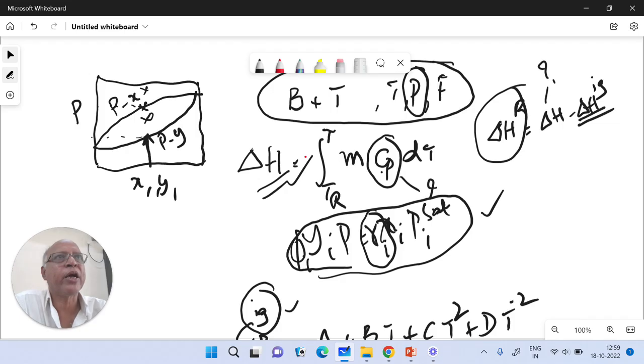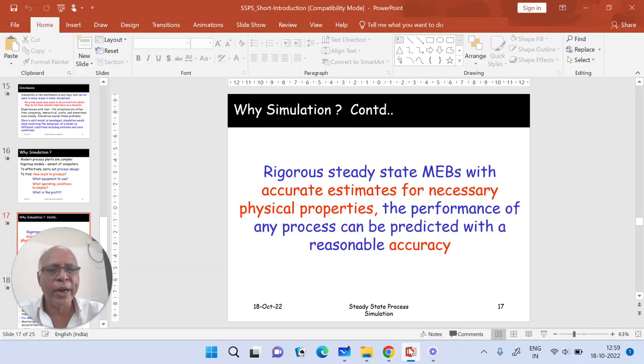Again, you might have come across one or two alternatives at undergraduate level. So remember, a simple property like enthalpy, how many decisions have to be taken, and if the decisions are not correct, it is going to lead to a lot of error. So that is the problem involved with estimating physical properties accurately.